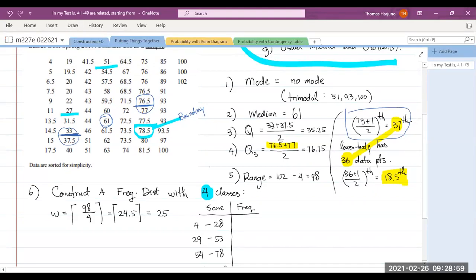Okay, so the first class has how many people? There will be 16. The second class from 29 to 53, that is 15. From 54 to 78, that's 26. Let me count right.